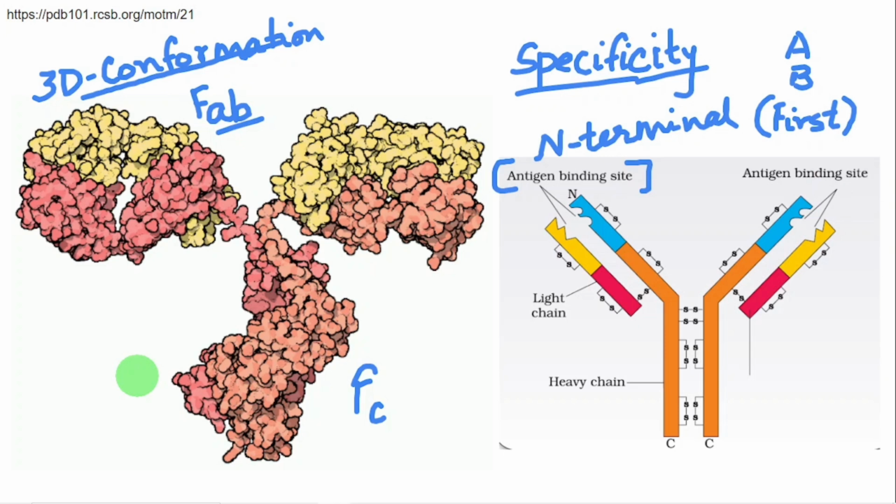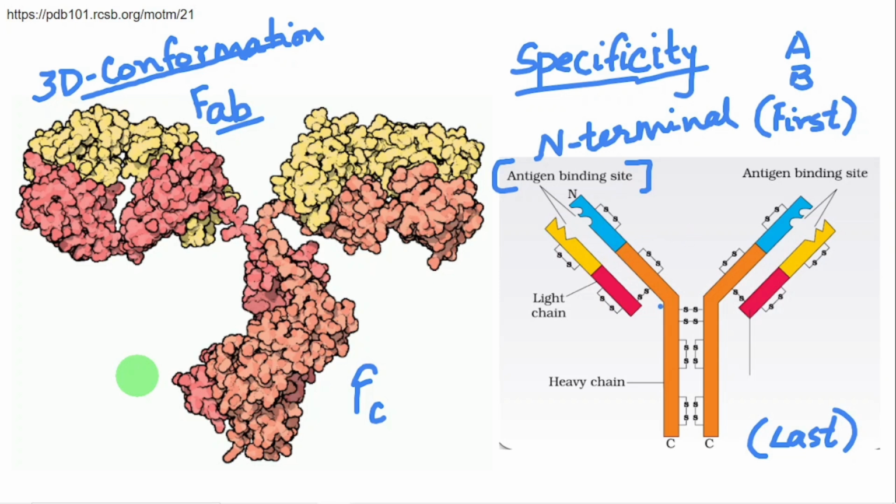So the first amino acid will be called to be present in the N terminal region, and the last amino acid is at the C terminal region. So the question which they can frame is, antigen binding site is at the N terminal or C terminal. So you should be able to say the answer.